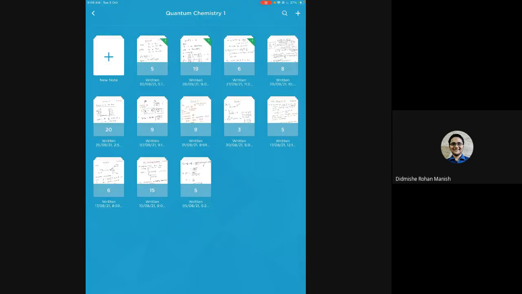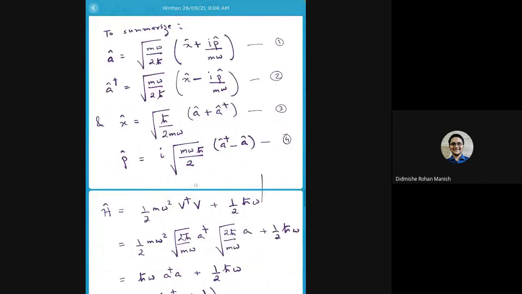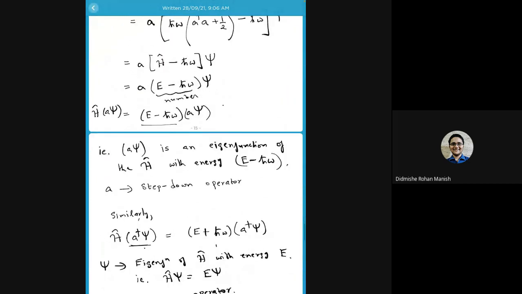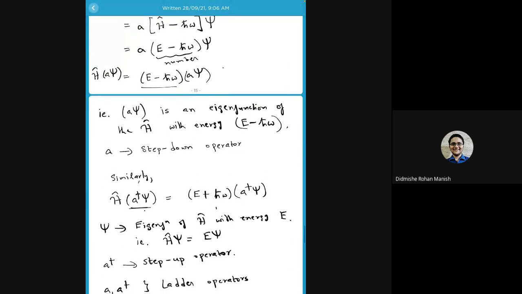I am saying this for psi n: the expression is written in the form of the operator, but not in closed form. We haven't acted the operator yet. A dagger n is just left like that. If you keep operating it, you get 1 by root of n factorial psi 0. You do have a closed form of that.